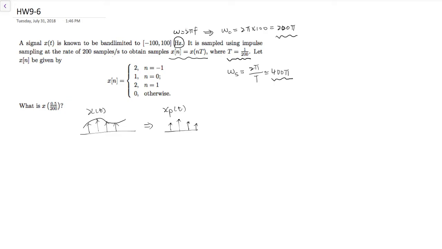So the sampled signal we get is actually a discrete time signal, but with a continuous time magnitude. We can represent this continuous time magnitude using the delta function. So we have this form to represent the sampled signal in a discrete time way.